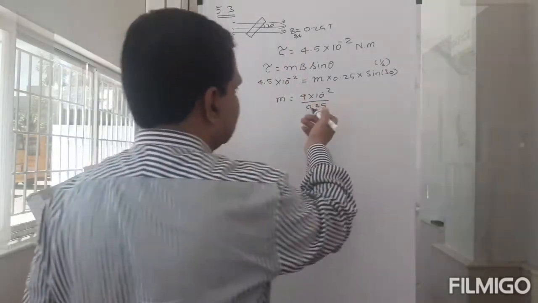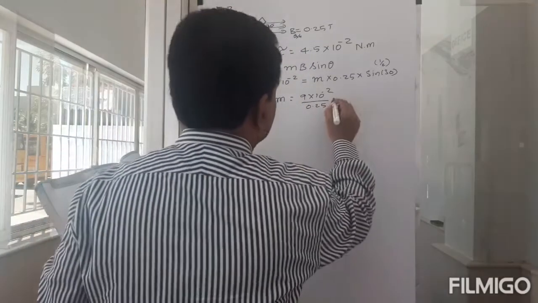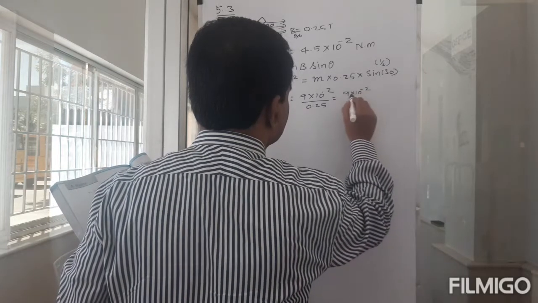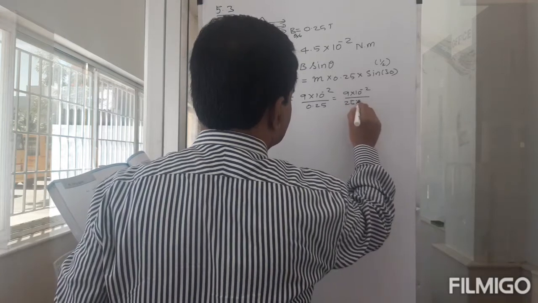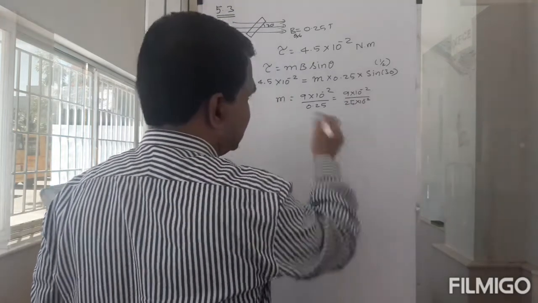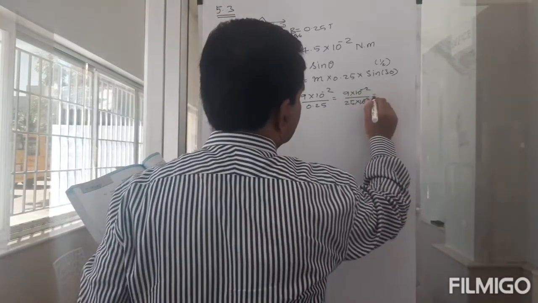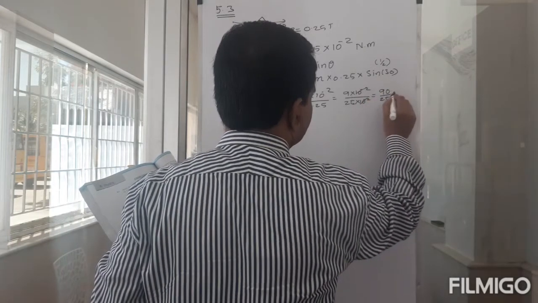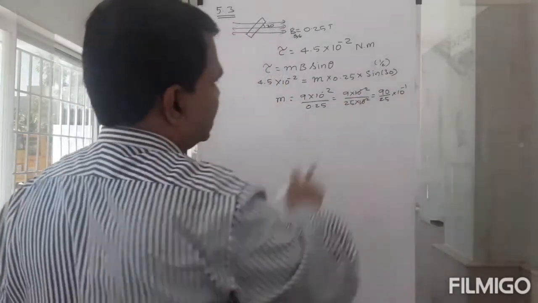So this would be 9 into 10 power minus 2 by 25 into 10 power minus 2. So this will cancel. So 9 by 25, and that is going to be equal to 90 by 25 into 10 power minus 1. So I am multiplying by 10 and dividing that by 10.